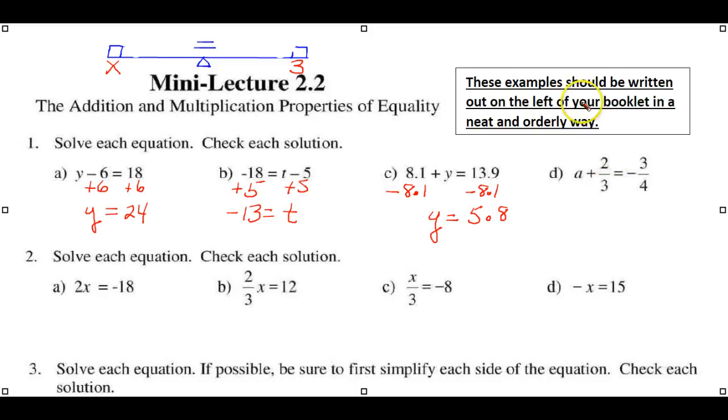And the technique is multiply every term by the least common denominator. And between a 3 and a 4, the least common denominator is 12. So this is one term, this is one term, this is one term. I'm going to multiply every term by 12.